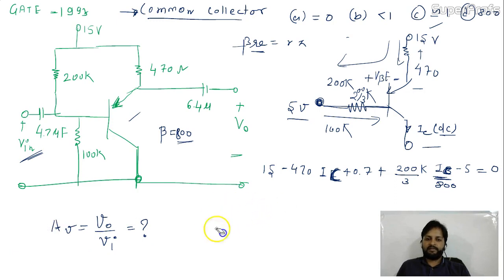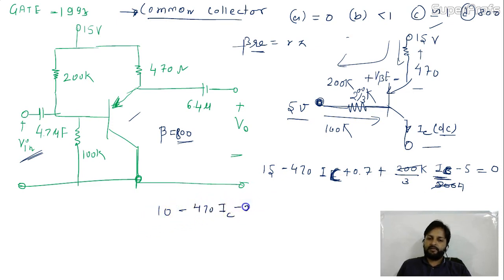Let me make some space. Are you getting it? So come now, this 800 and this will go 4 times. So ultimately you are having 15 minus 5, 10, minus 470 IC, plus 0.7, plus 0.7, okay, plus this is 4 and 12 IC by 12.